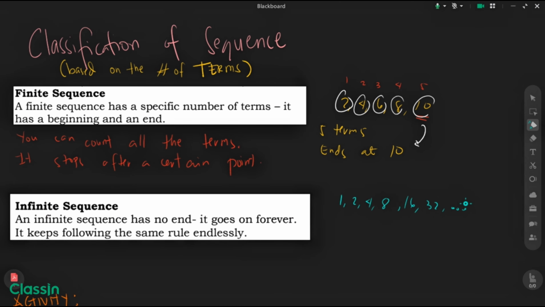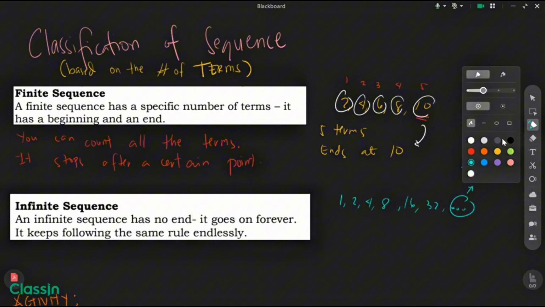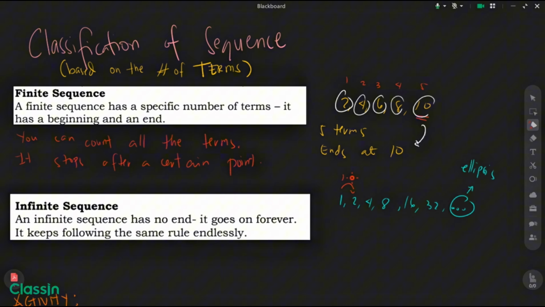Again, this is what we call ellipses. So in this example, the pattern is multiply by 2. 1 times 2 times 2 times 2 times 2 times 2, and it goes on forever.